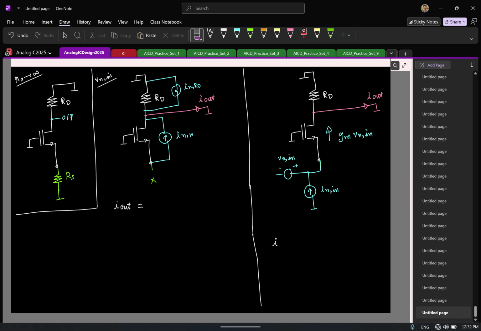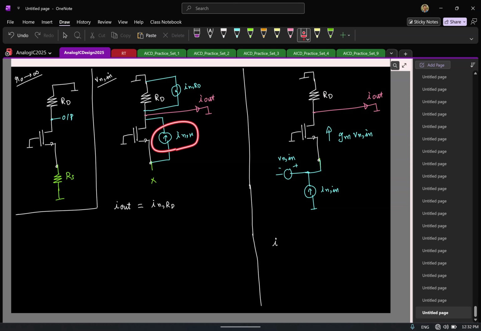Remember that the entire thing will flow through here. Everything is small signal ground, correct? The same small signal ground here. So this is going to be INRD.